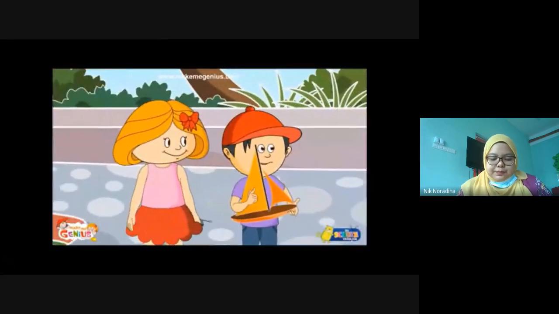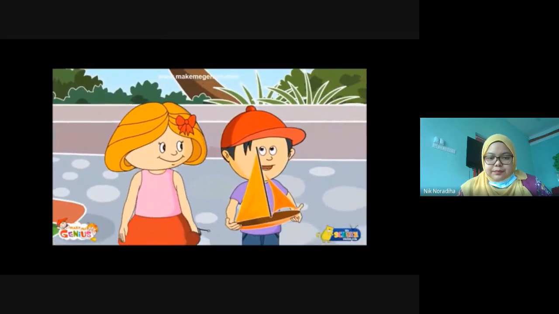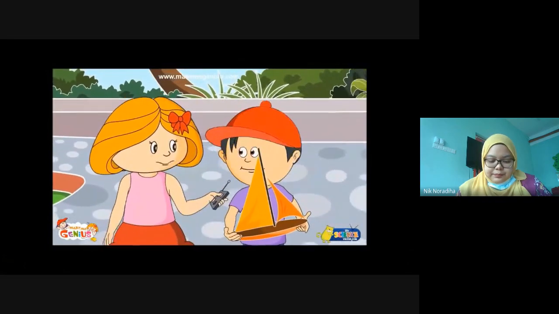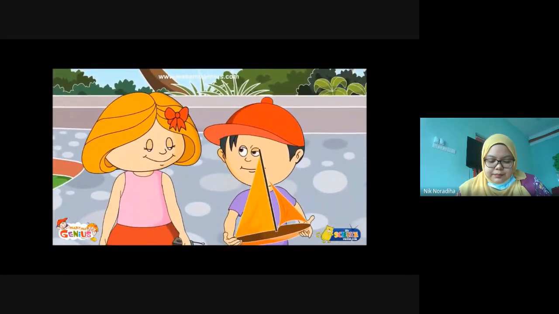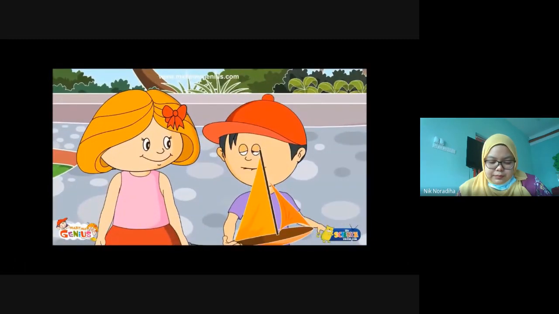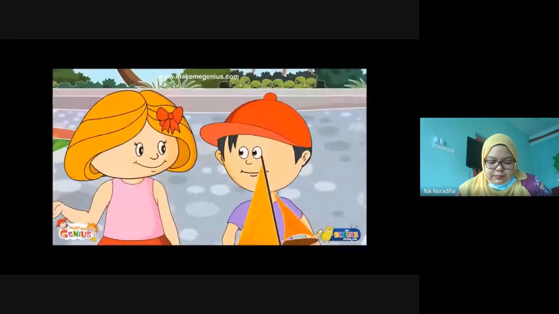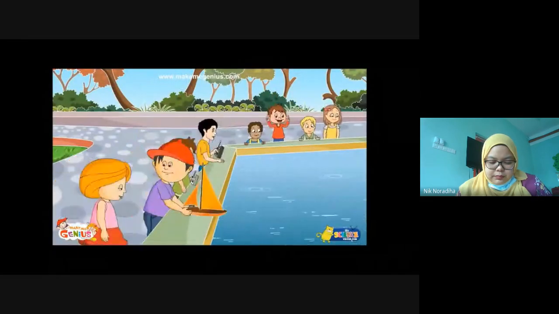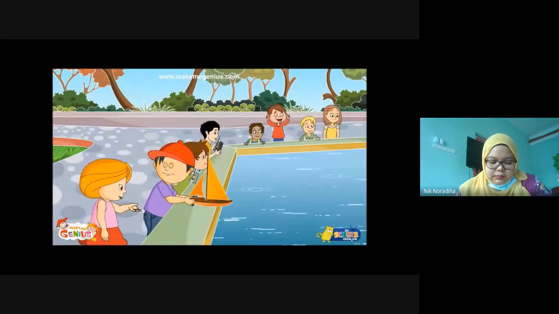I will win this championship. My boat will leave all the boats behind. I am sure of that. Have you checked the boat? Check? Check for what? That it does not have any holes. No, it does not have holes. But why should I check that? If the boat has holes, it will sink in the river.